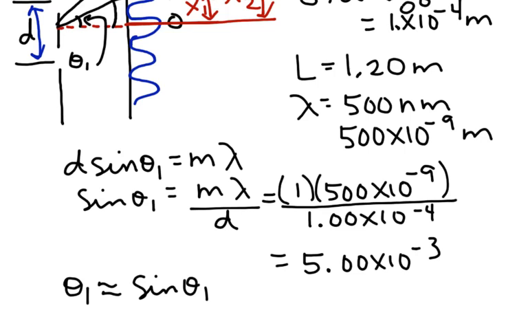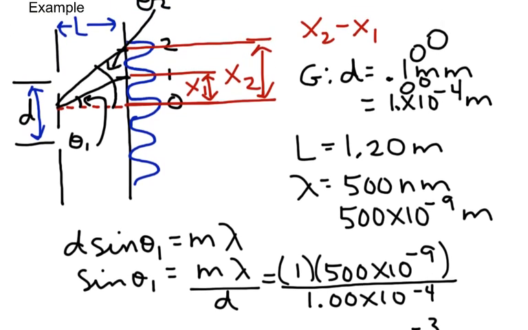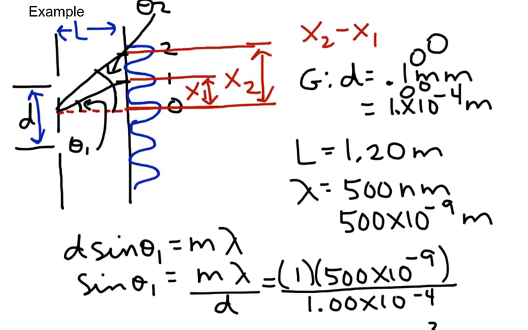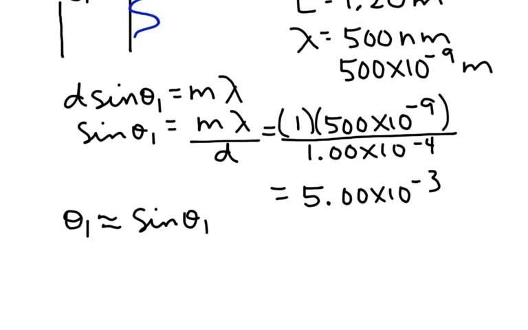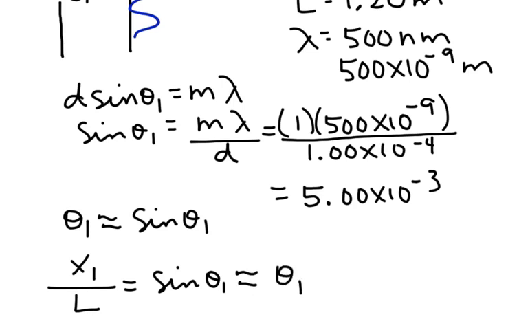And so when we look back at the picture, if I want to use trig, we can see that my x1, I'm going to show here in green, over my L value is going to be equal to sine theta sub 1. So I will have x1 over L is equal to sine theta 1, which is approximately theta sub 1.